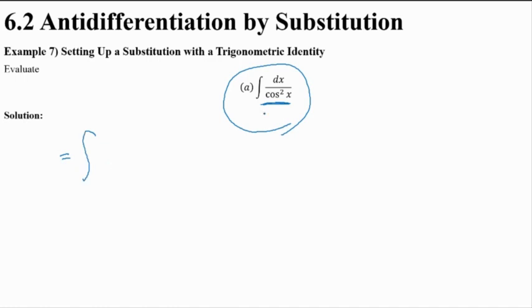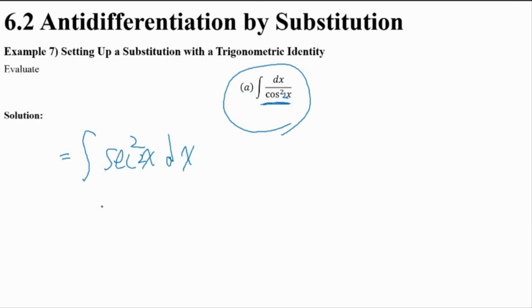Simply, one over cosine squared will be secant squared x dx. Oh, it's supposed to be 2x. Sorry, there's a 2 in the denominator here, I made a typo. But anyway, now it's much easier.